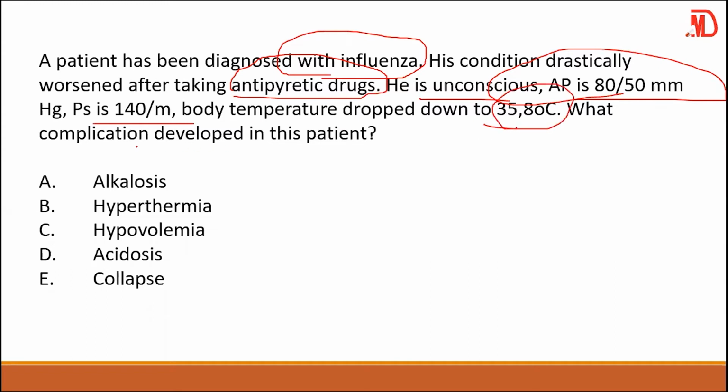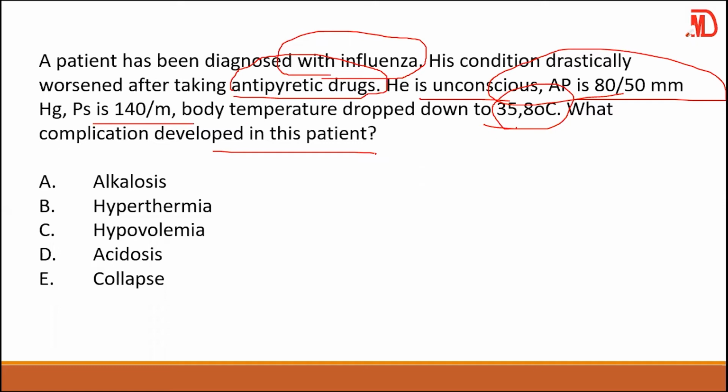What complication has developed in this patient? And of course, since he has lost consciousness, you are definitely thinking of collapse. So the person has lost consciousness, collapse, and that is resulting from taking the antipyretic drug.